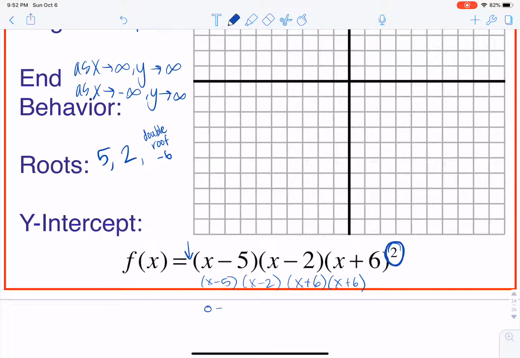So I have 0 minus 5, 0 minus 2, times 0 plus 6 squared. This will give me negative 5 times negative 2 times 6 squared. So this is going to be 36 times negative 2 times negative 5, which will give me 360. So again, another very large y-intercept here.